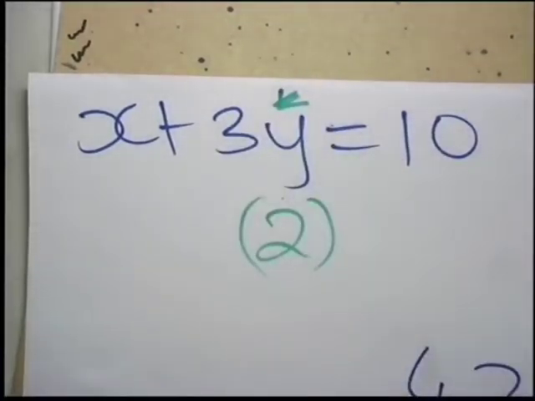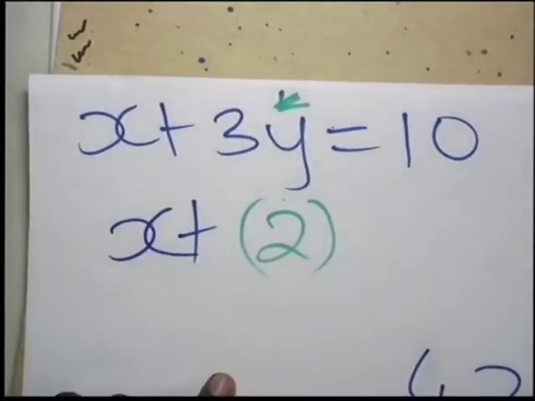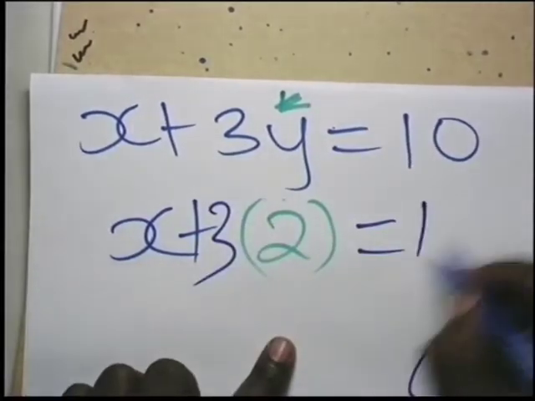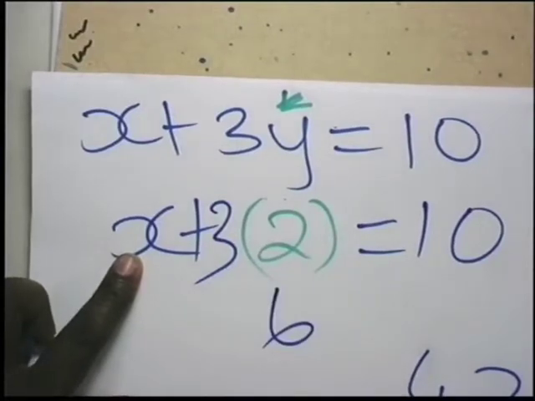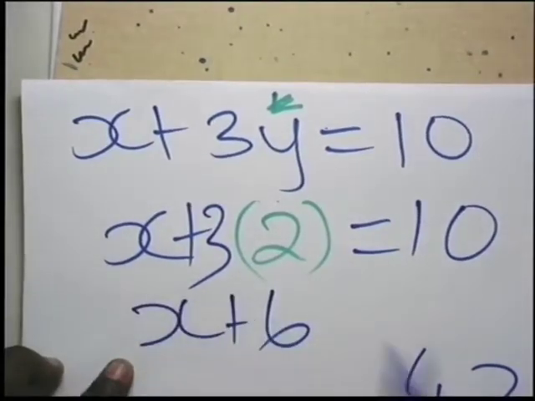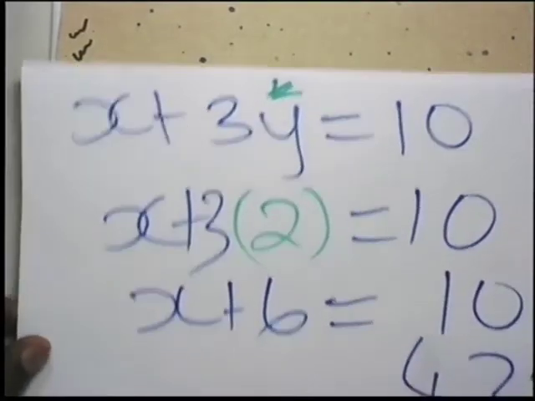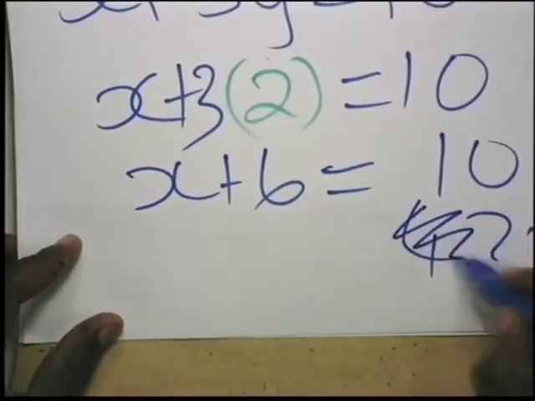This one should not be changed, because you substitute one at a time. So it becomes 10. Now, this and this gives us what? 6. So x plus 6 should be equal to 10. Having arrived at that stage, forget about this.